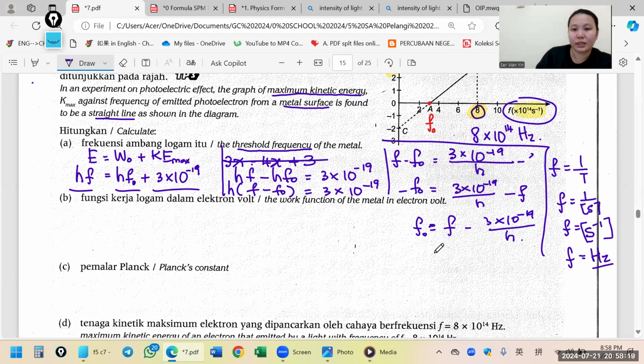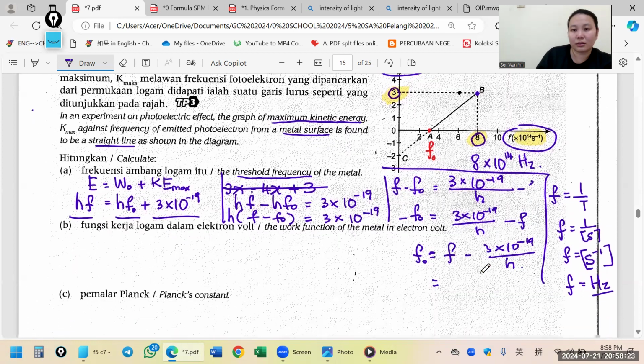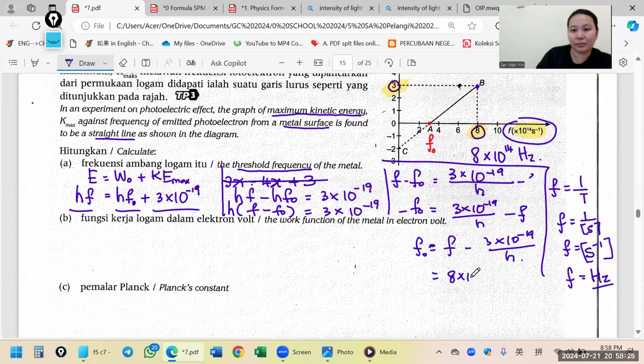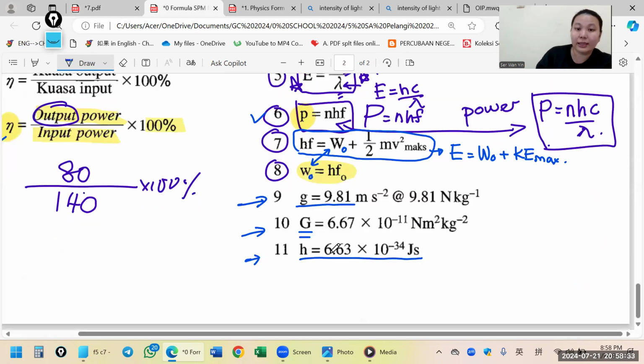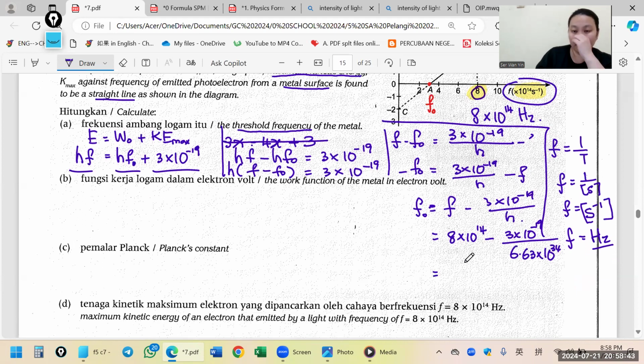The maximum F is here, 8. So 8 times 10 to the power of 14 minus 3 times 10 to the power of negative 19 divided by the Planck constant 6.63 times 10 to the power of negative 34. Okay, press calculate.